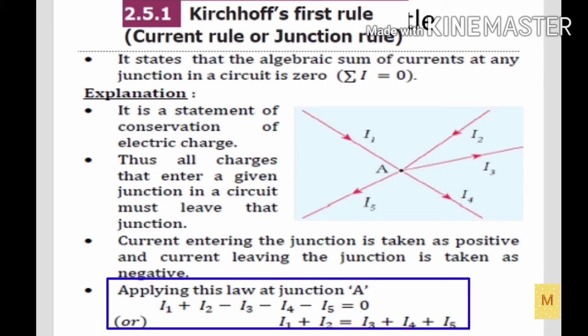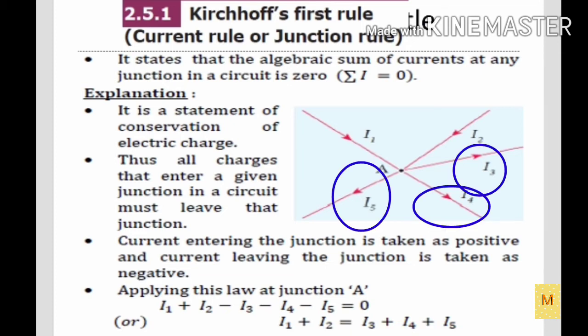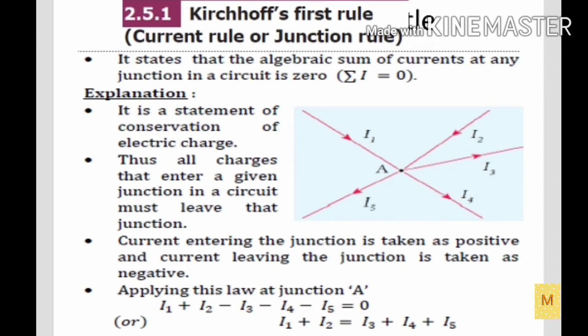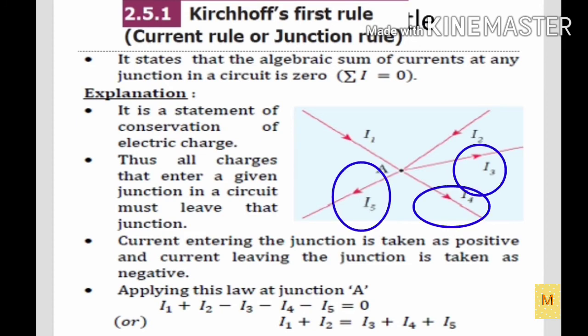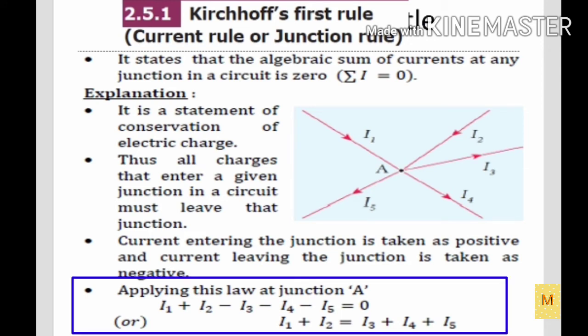So I1 plus I2. Next, see the direction of currents I3, I4 and I5. I3, I4 and I5 are acting away from the junction, so we have to write these currents with the sign minus. So we write minus I3 minus I4 minus I5 is equal to 0. We can write I1 plus I2 is equal to I3 plus I4 plus I5.